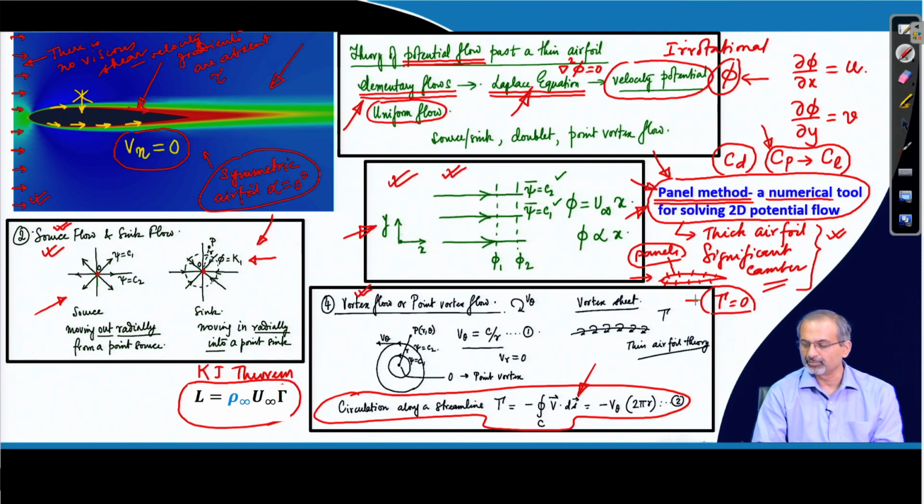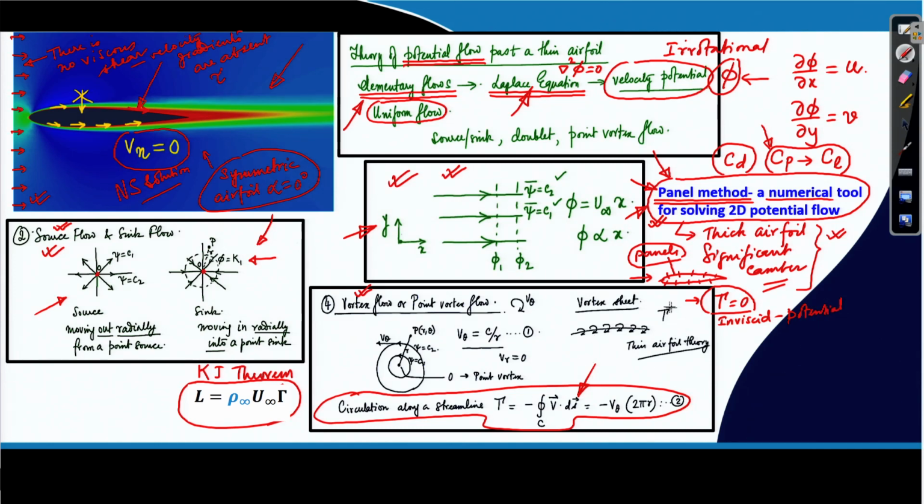That kind of a flow would be categorized like that. But the difference is that here it is a Navier-Stokes solution, but this technique is based on solution of Laplace equation, and therefore, you would solve it as an inviscid one, and that too as a potential one.